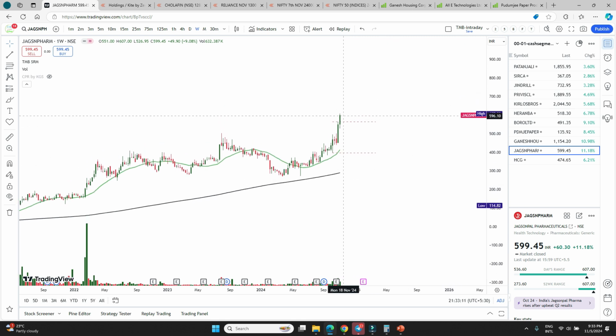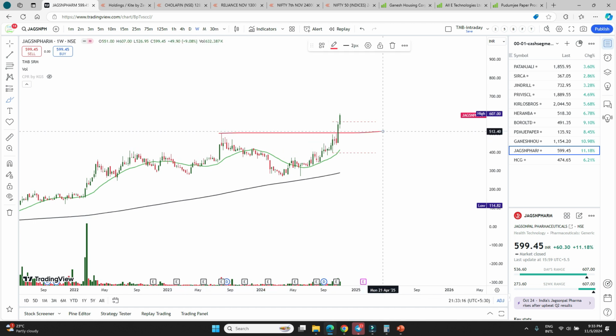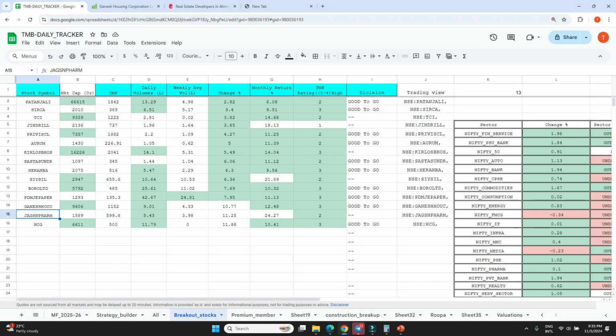This is the point where the stock had the breakout, and there is a high chance of it coming down. This is trading at expensive levels, so I don't want to go. That is the reason I cannot see all these calculations every time. Automated, this gives me good to go. From the good to go stocks, I wanted to take this stock.